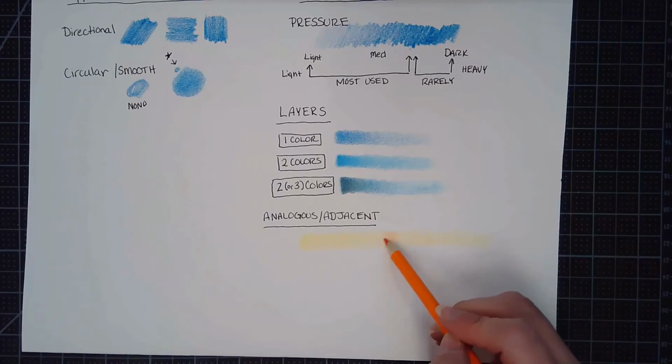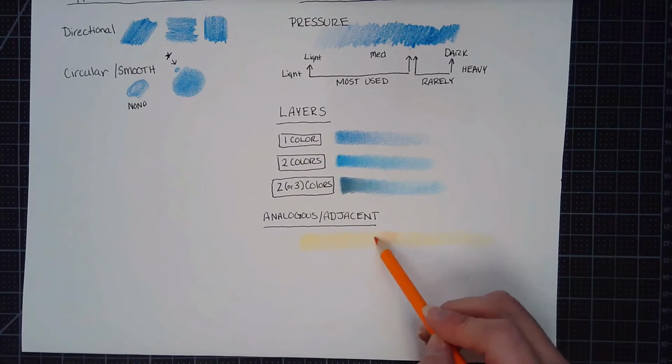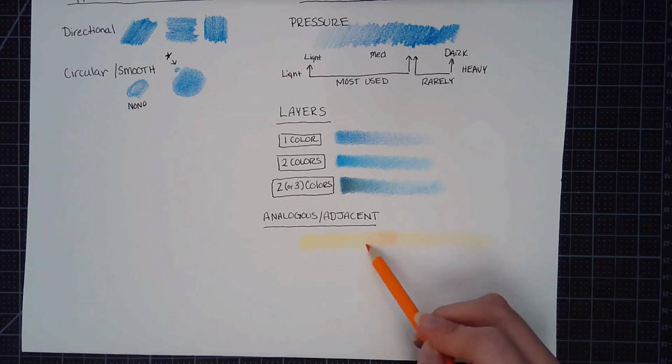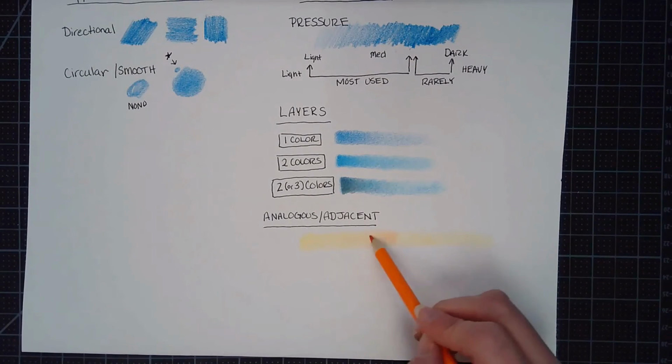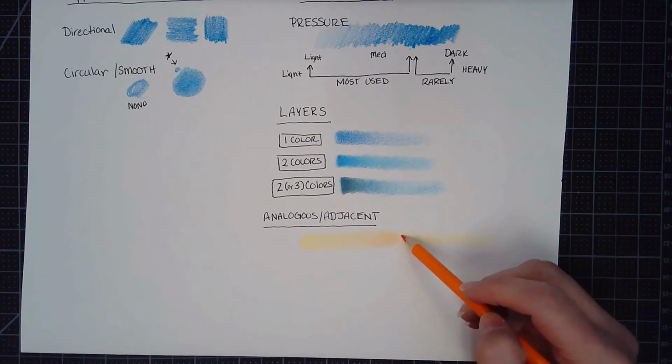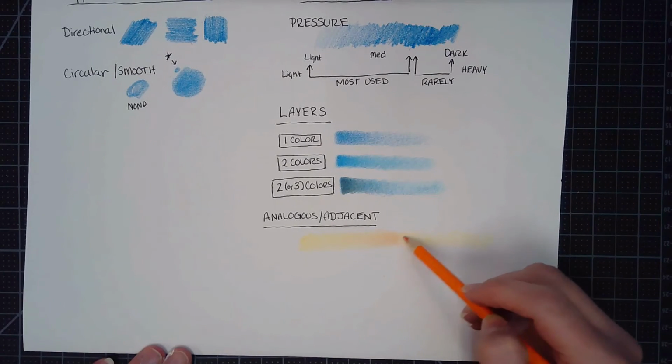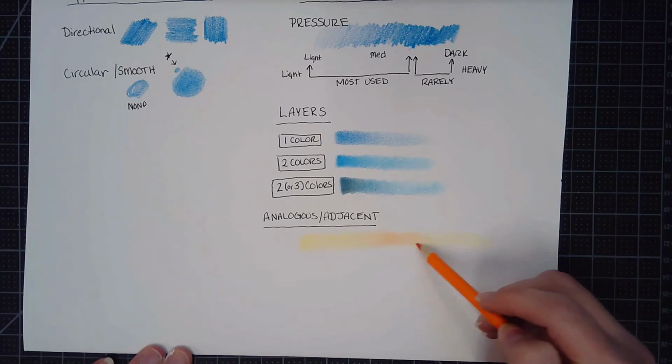And that is because your pencil is running over top of some exposed fibers that haven't been filled in yet with colored pencil, and some areas that have been filled in with colored pencil, so they're a little bit smoother of a surface.